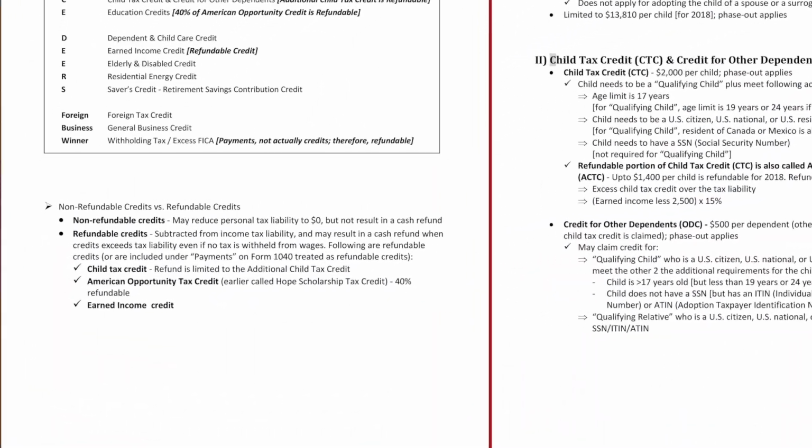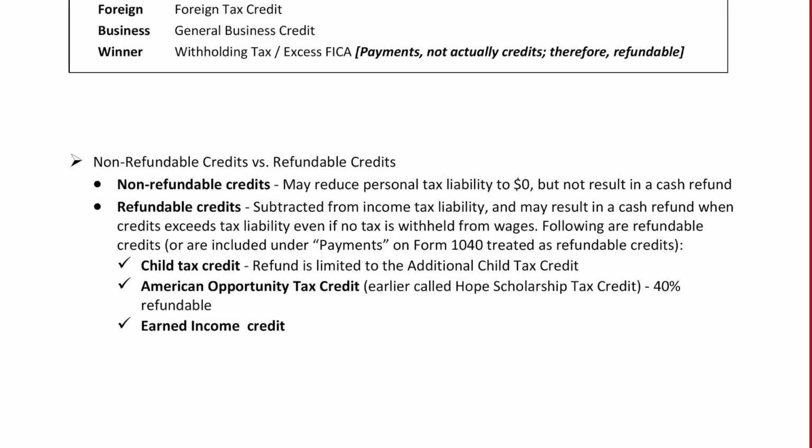Turn to page 82. On the second half of this page, we're looking at non-refundable credits versus refundable credits. Highlight refundable credits, which are included under payments on Form 1040.